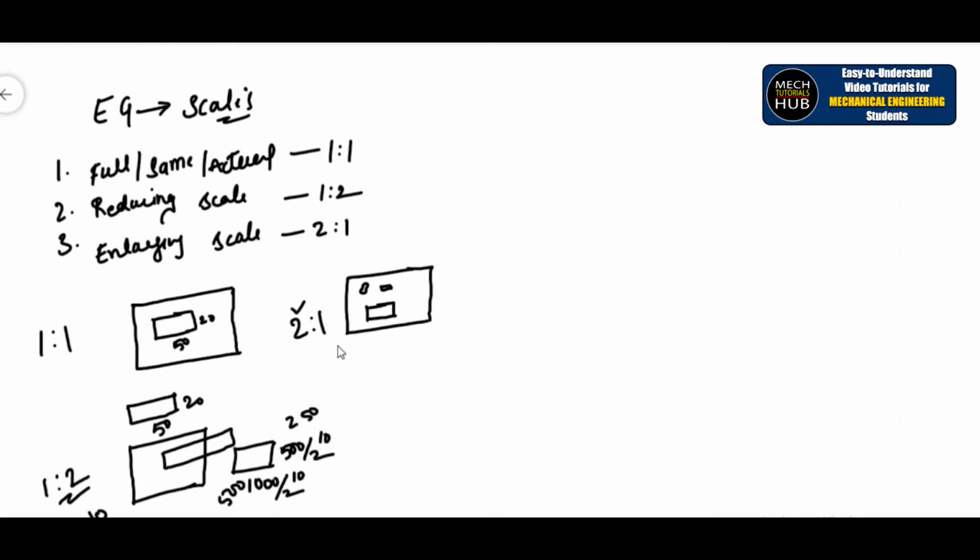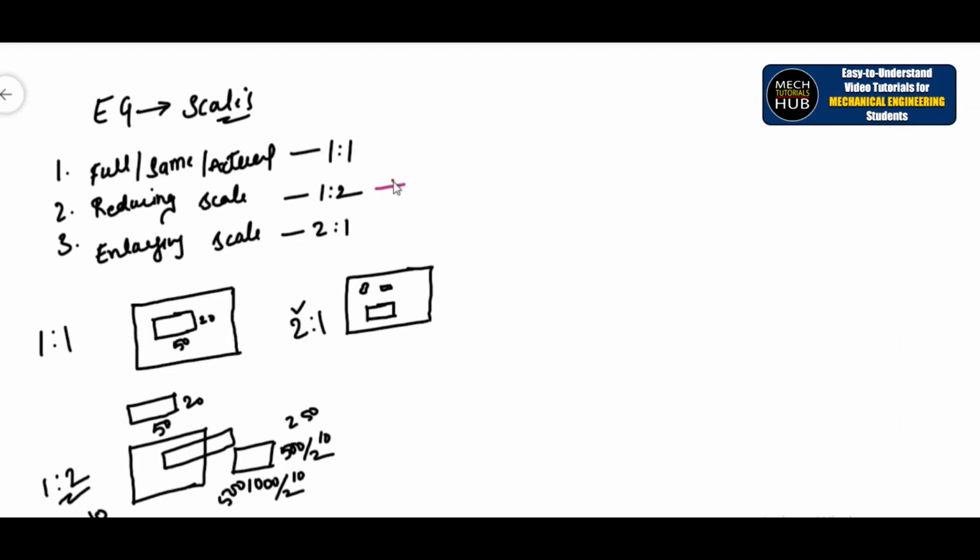So this is how it is very helpful. Without scaling you can't draw any of the layouts. You can't draw any of the big machine components on a sheet of paper. So scaling is very important when it comes to engineering practice. All right, now I'll give you some examples. For 1:1, the full size or the same size, you can draw directly on a sheet of paper.